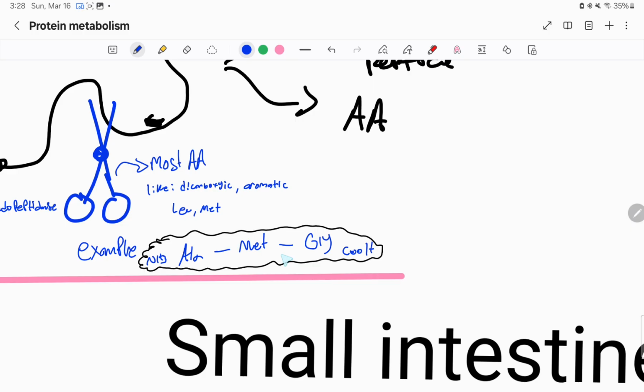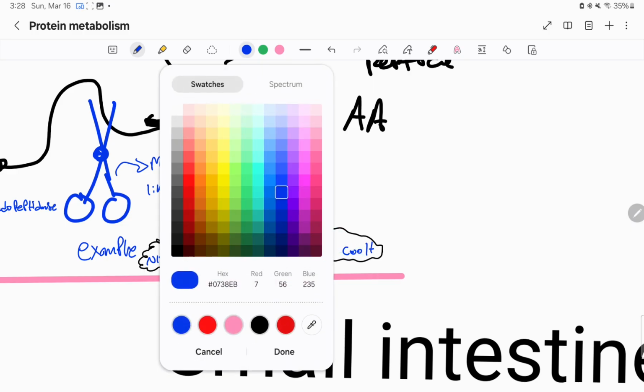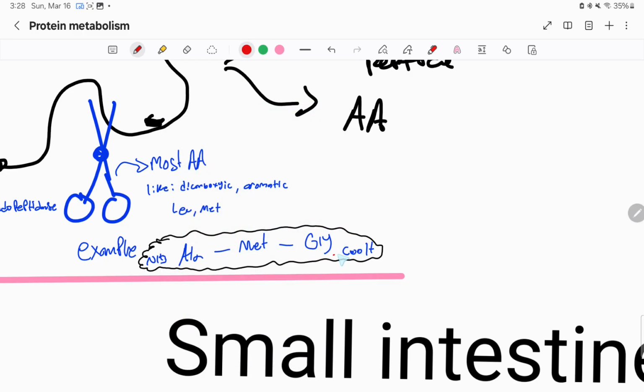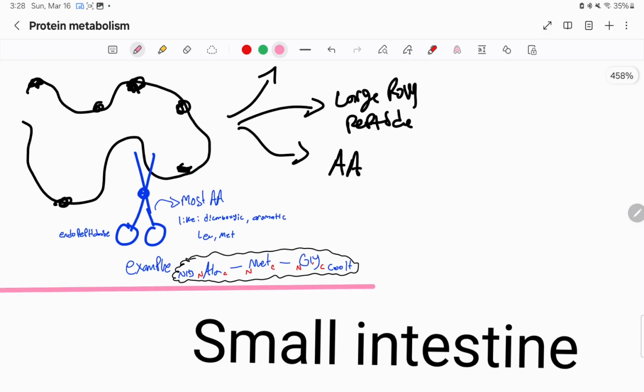And specifically, it is doing it on the C-terminus end. What does that mean? You know how each amino acid has a C-terminus and an N-terminus? Well, this one, the glycine, its C-terminus is here, and its N-terminus is here. Methionine, its C-terminus is here, and its N-terminus is here, and the alanine C-terminus is here, and N-terminus is here. Now, when I say this pepsin likes to digest the protein, specifically at the C-terminus of methionine, I mean that it's going to come at this part and cleave the bond there, okay?